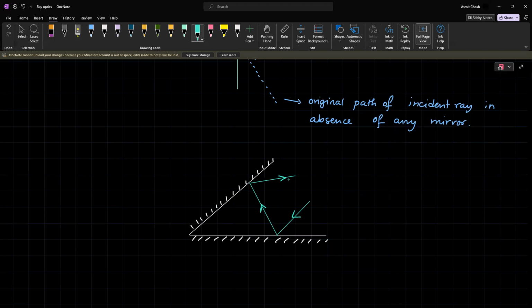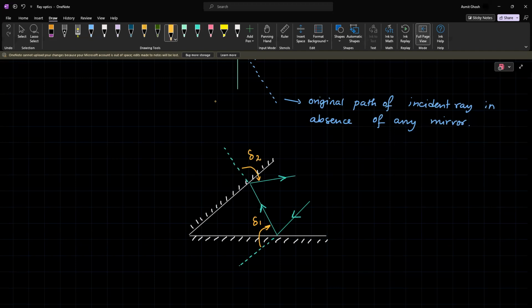Okay, the original paths with respect to both the mirrors are these, right? So what will be the deflections? One is this and another one is this, right?